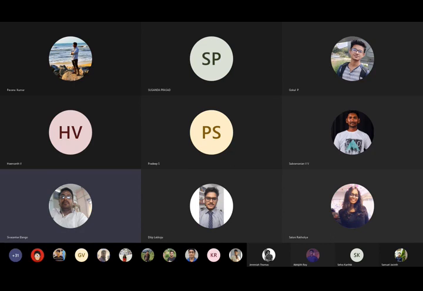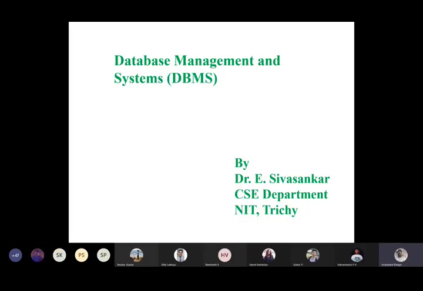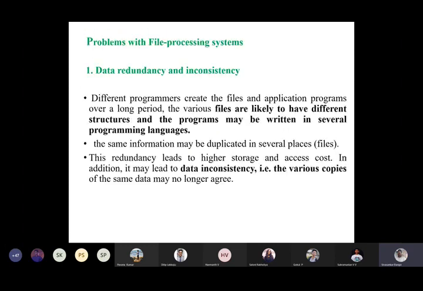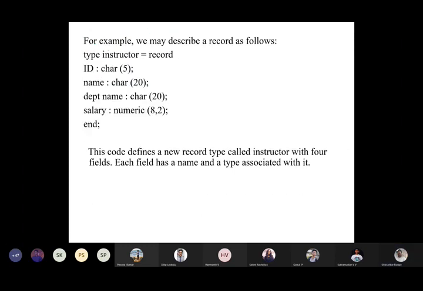Today it's about two-tier architecture and three-tier architecture of a database system, and we'll also study something about data mining. In lab, basically we'll be working with both two-tier architecture and three-tier architecture in a database system.